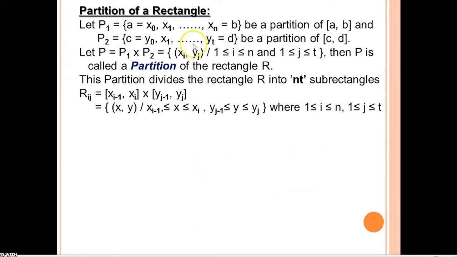First, let us consider P1 as the partition of [a, b]. P1 is a = x0, then x1, x2 and so on up to xn, and take xn = b. So this set is a partition of [a, b].